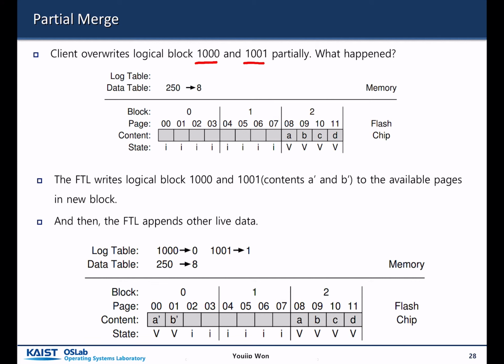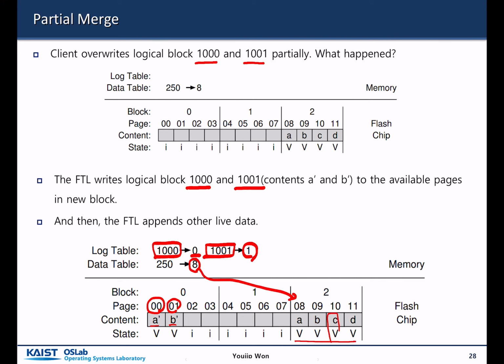And then the FTL writes logical pages 1000 and 1001 to the log block. So pages 1000 and 1001 are written to physical page number 0 and physical page number 1, with contents A prime and B prime. And then chunk 250 is still mapped to the physical block that starts with page number 8. So here all 4 pages are valid.